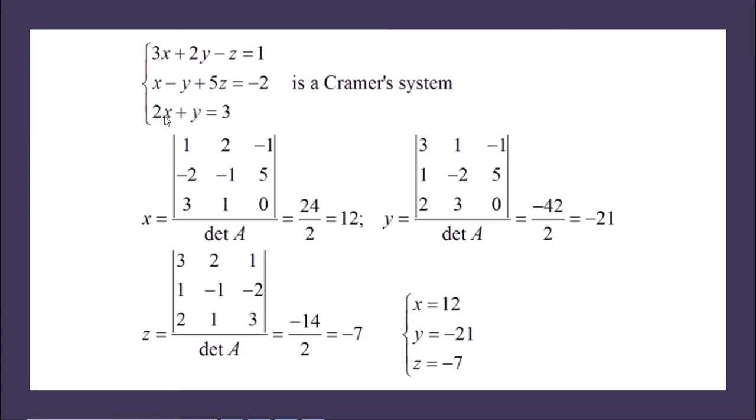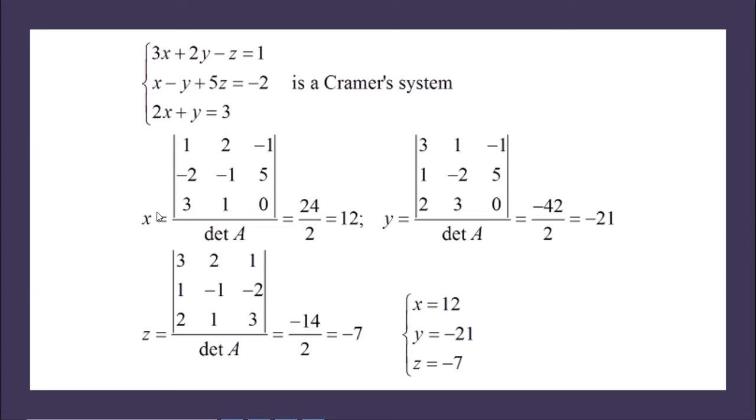The coefficient of x in the third equation is 2 and the coefficient of y is 1, and of course z is absent in this equation, therefore it will be considered 0. So what are the other things? The constants are 1, minus 2 and 3.